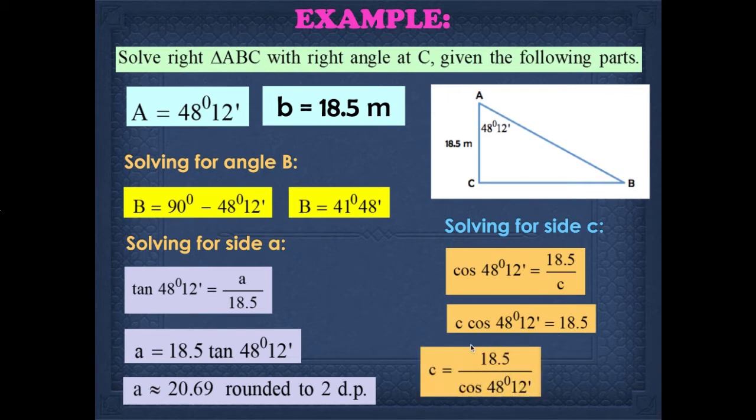Dividing both sides by cosine 48 degrees 12 minutes, c equals 18.5 over cosine 48 degrees 12 minutes. That will give us a value of 27.76. So side c is 27.76 rounded to two decimal places.